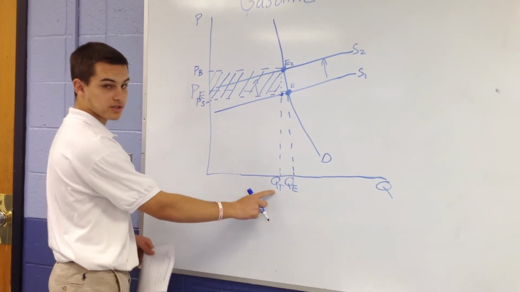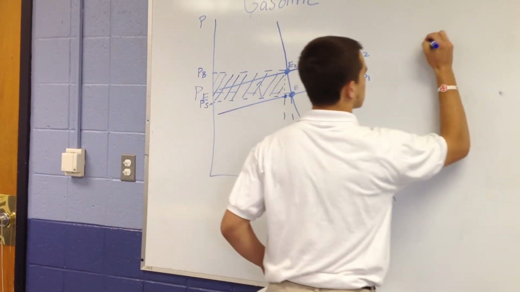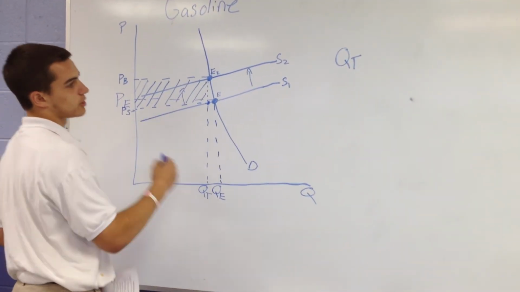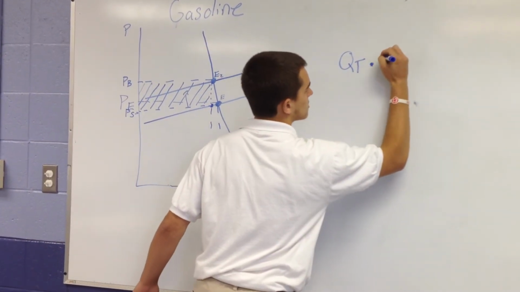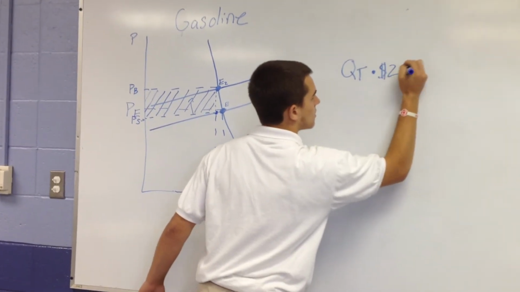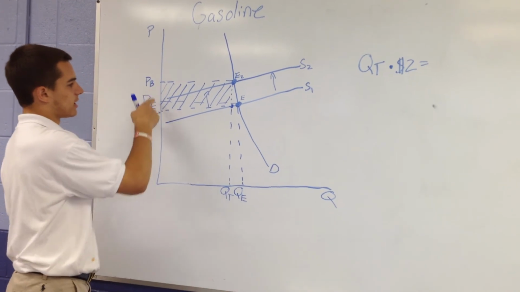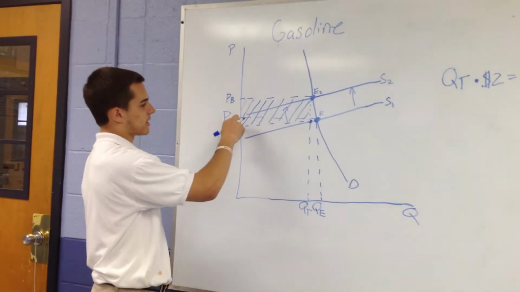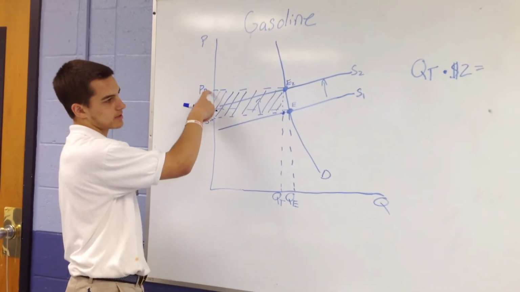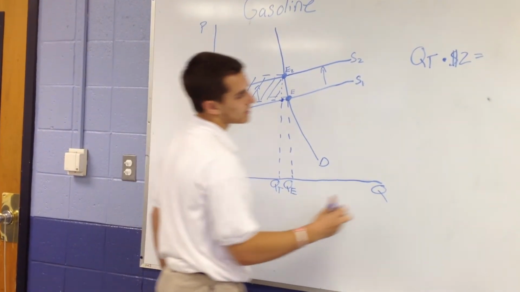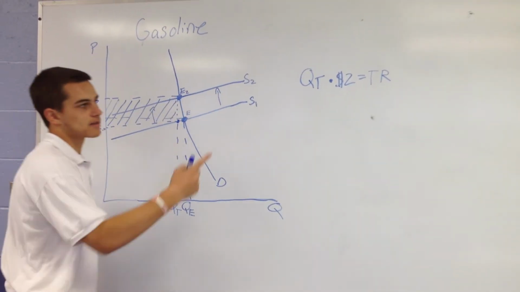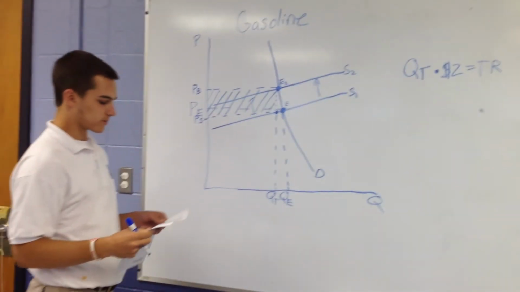So the new quantity is QT. So you're going to want to take QT, and then you're going to times it by $2, because the tax was $2. So that represents from the price that the suppliers receive to the price that the consumers pay, times the quantity, and that will just be your total revenue from the tax that the government will be receiving.